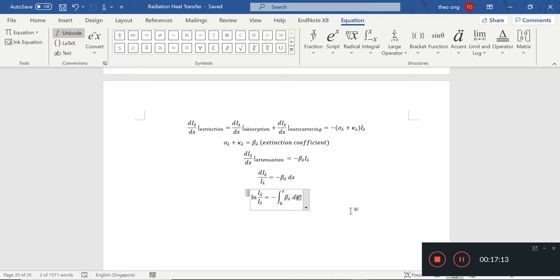Mathematically they look correct. So where are the limits? It starts at 0, so this is evaluated at s star equals 0, and this is s star equals s.